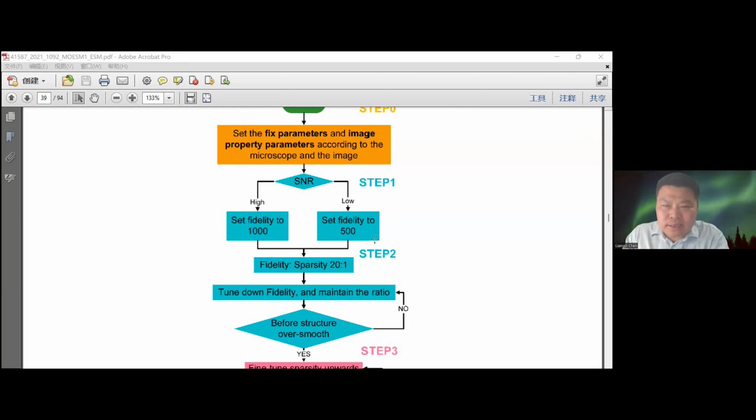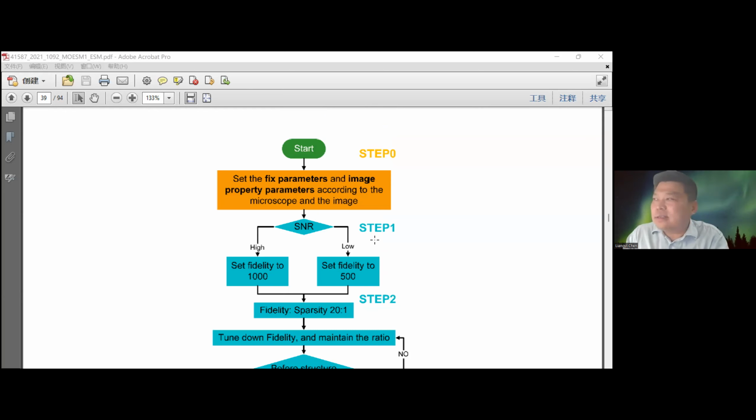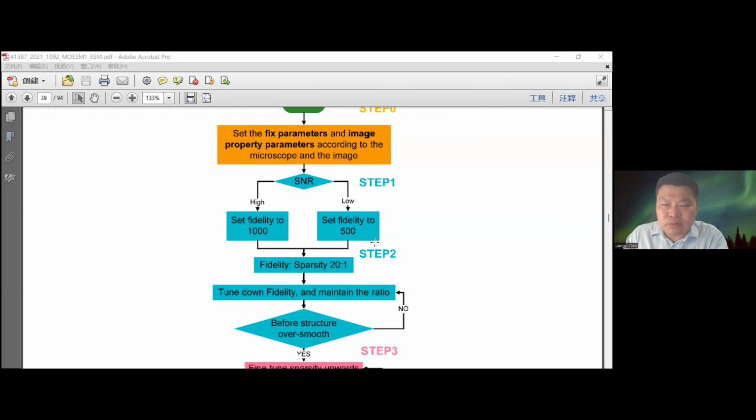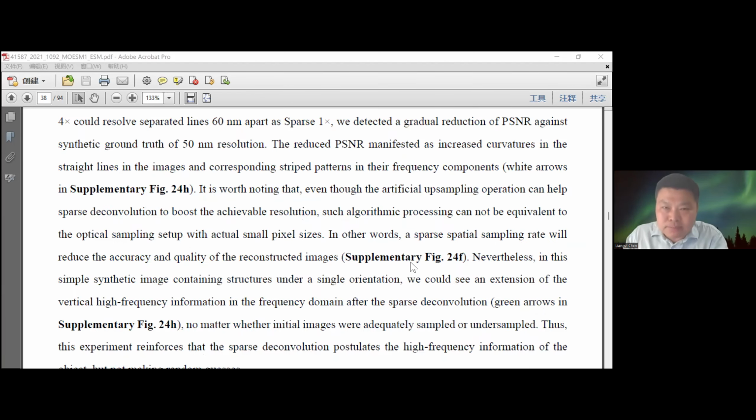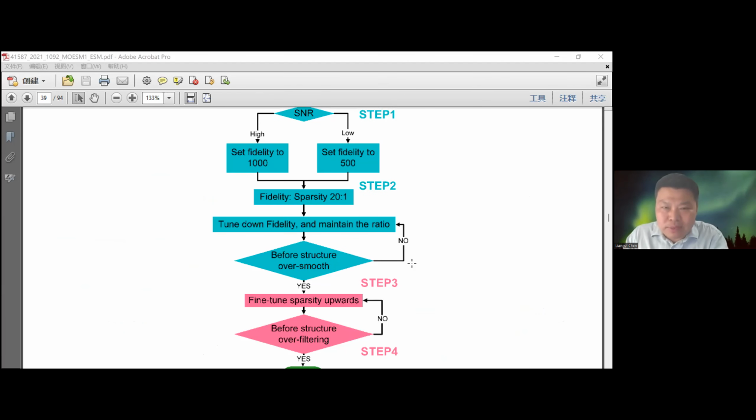It actually depends a lot on the signal-to-noise ratio. If your signal-to-noise ratio is poor, then you cannot improve resolution, but just increase contrast. But the fidelity versus sparsity, approximately 20 versus 1, is just pure experience from fine tuning these parameters.